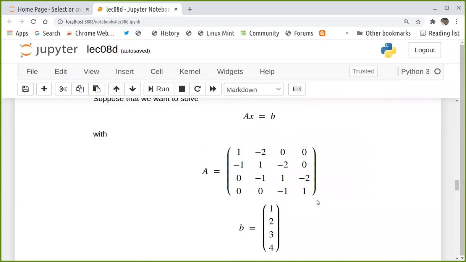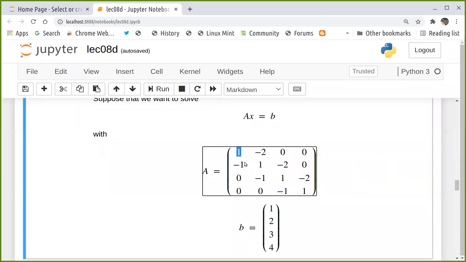You've got three diagonals: a lower diagonal, -1, -1, and -1, then a main diagonal, 1, 1, 1, 1, and then an upper diagonal, -2, -2, -2.